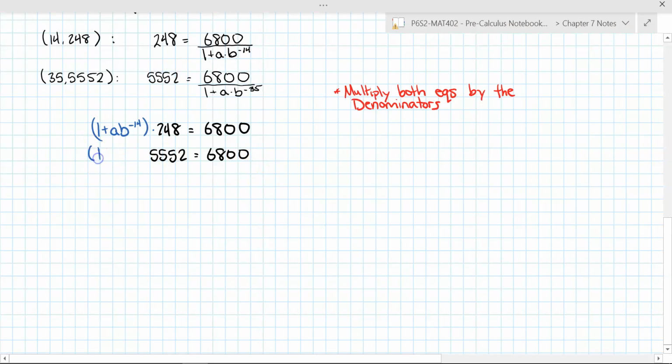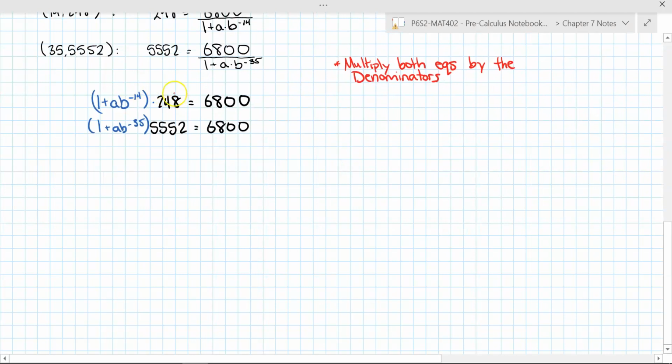So I have 1 plus AB to the negative 35th out front here. Next thing we're going to do is distribute the 248 through this and the 5552 through that. There's a few different ways you can do that, but this is what I'm going to choose to simplify this.